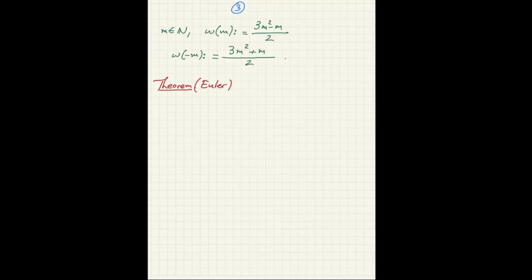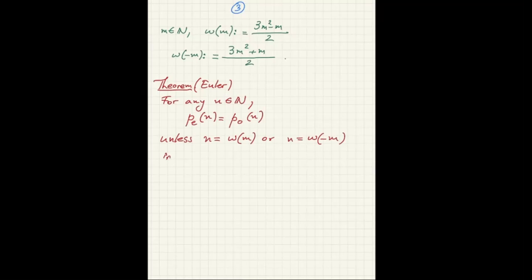Euler proved that for any natural number n, these two numbers are the same: P E of n equals P O of n, unless n equals one of these pentagonal numbers, omega of m, or n equals omega of minus m, in which case these two numbers differ by 1.